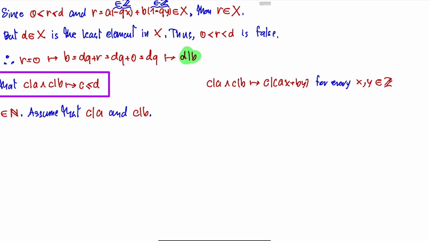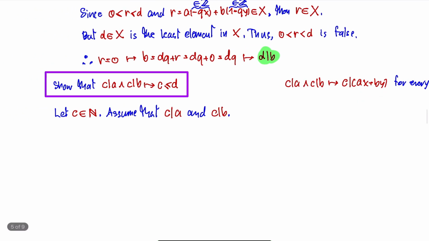We use this one, and d is in this form. So that means that c divides a s plus b t for every integer s and t.